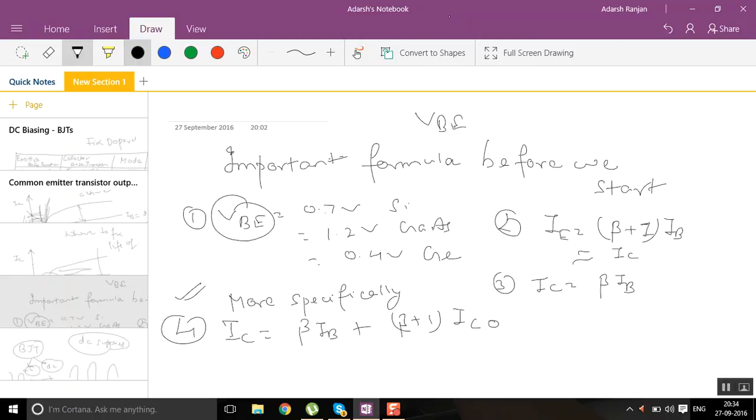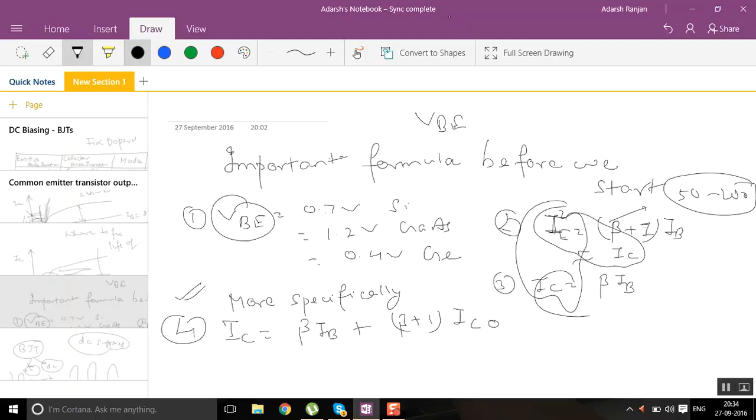And IE is equal to (beta plus 1) IB, and IC is equal to beta IB. Since the beta value is generally very large, 50 to 200, we can approximate IE as IC. This approximation will be used mostly in our discussion, so we must know these.